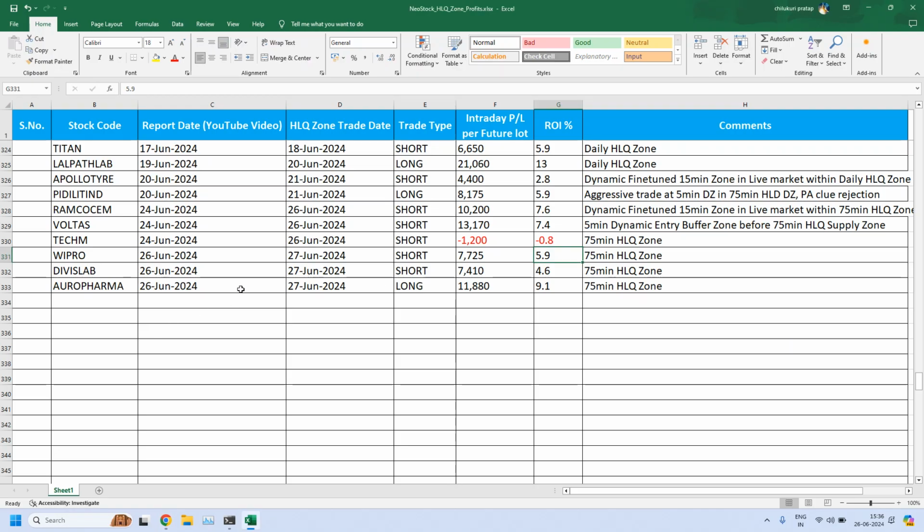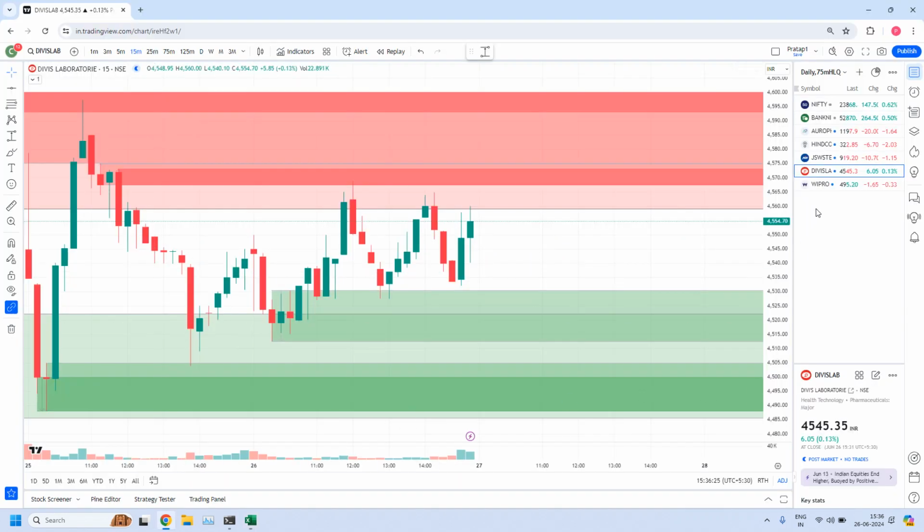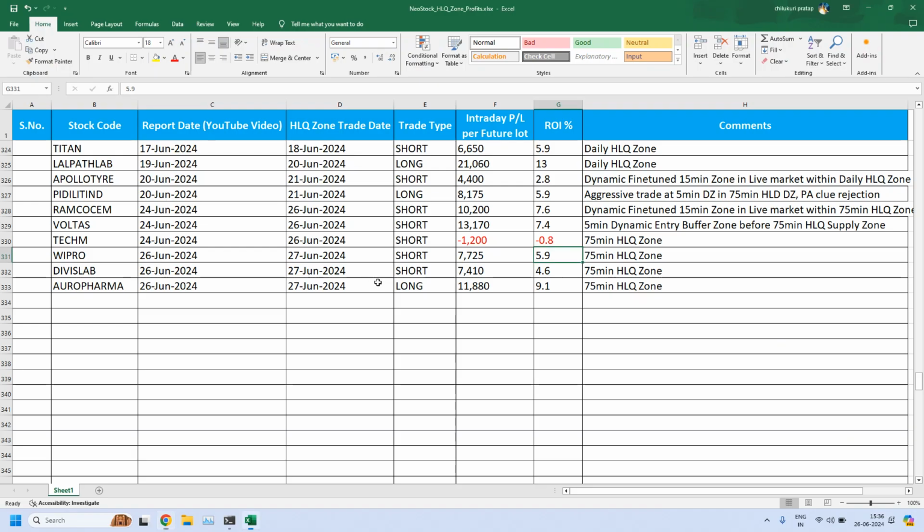The third one is Divi's Lab. Divi's Lab has given a trade of 7,410 rupees profit, which is 4.6% ROA. See, if you would have taken all the three trades, today you would have captured around 27,000 rupees profit.